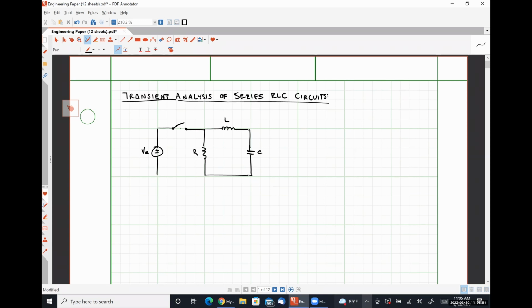And our switch is closed until it opens at t is equal to 0.